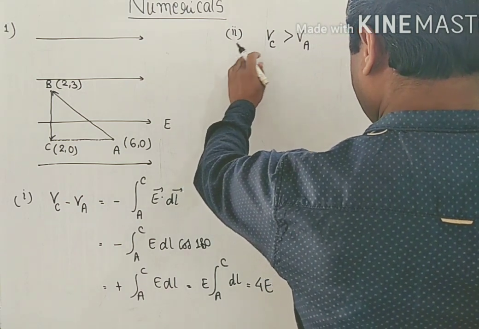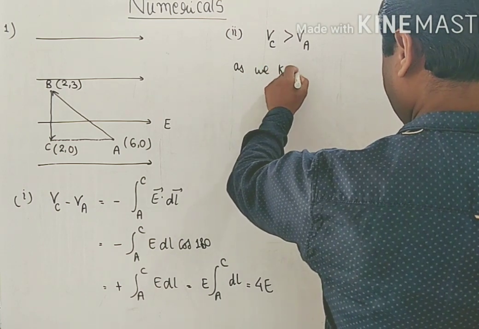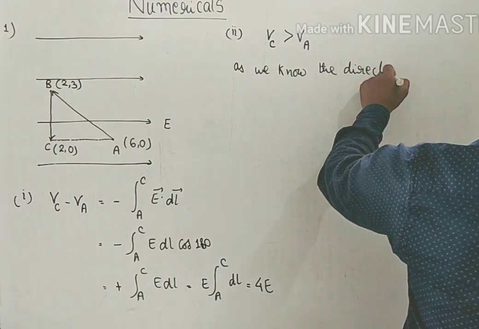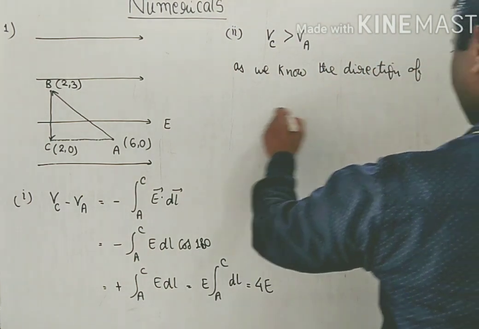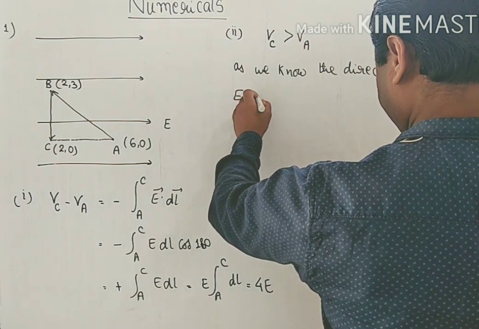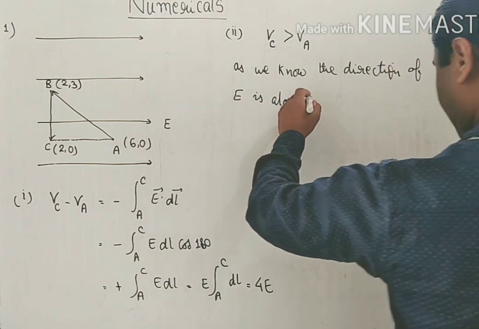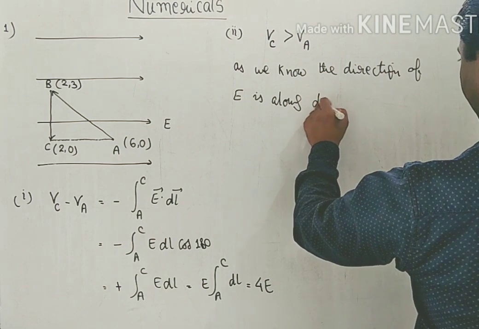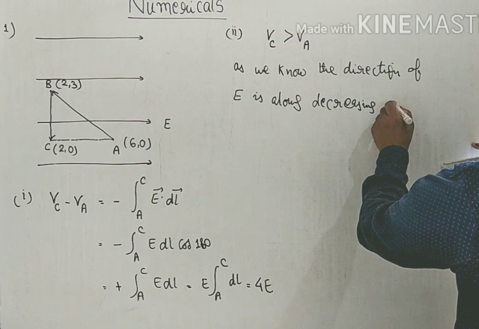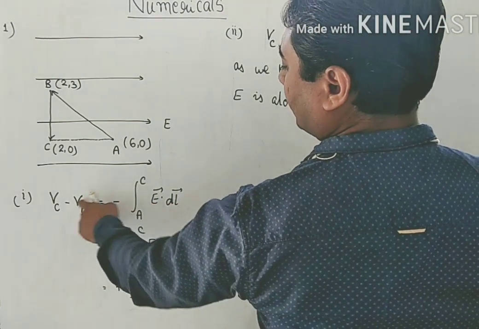And how will you write the reason for this? You will write: as we know, the direction of electric field E is along decreasing electric potential V, as you can see from the definition.